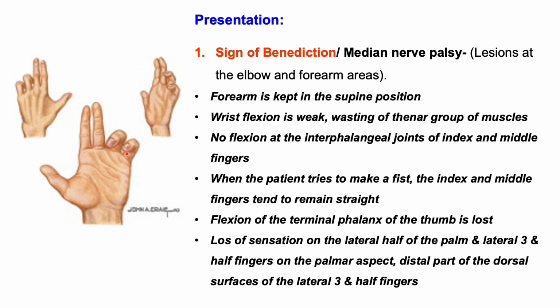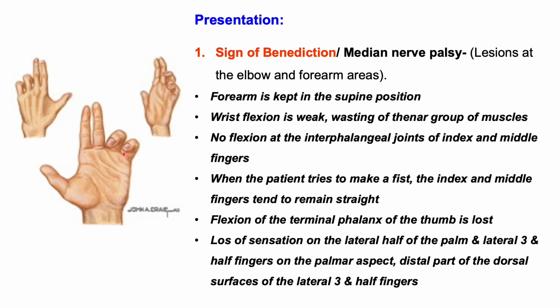So complete loss of flexion of the proximal interphalangeal joint is for the first, second and the third digits, and the flexion of the fourth and fifth digits is weakened. Because median nerve supplies digitorum superficialis, that's why the proximal interphalangeal joint flexion is affected.